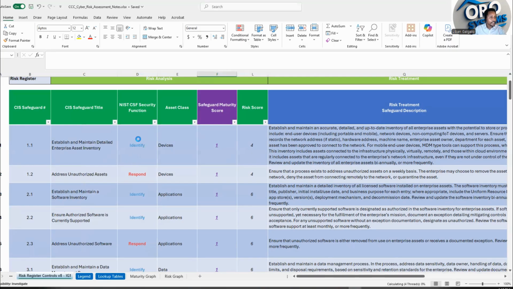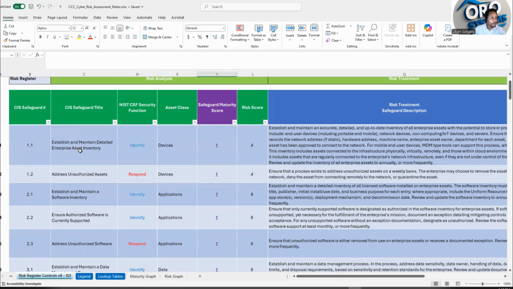So how is that aligned with the CIS safeguard title and the CIS safeguard number? It depends on what they say. CIS Control 1 says establish and maintain a detailed enterprise asset inventory. That means it's identify.